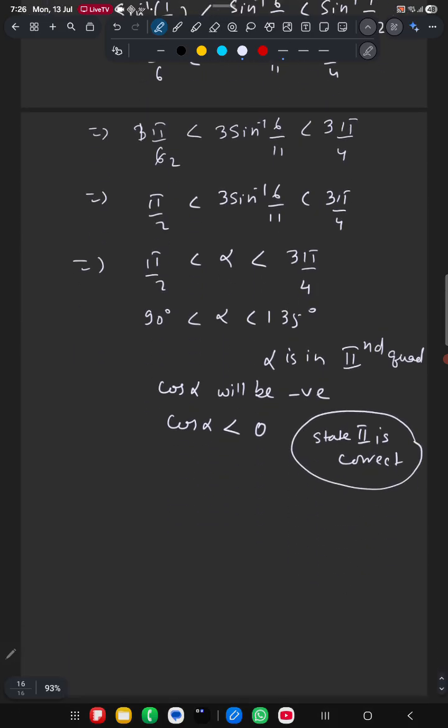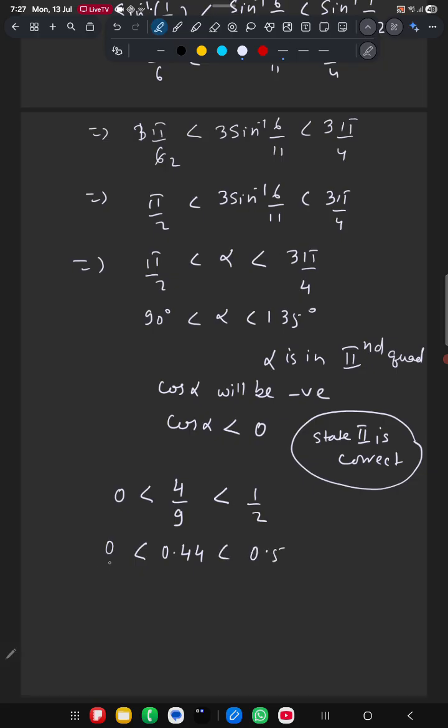Now come to the second point. One more thing given in your question is 4 by 9. Now 4 by 9 is greater than 0 and less than 1 by 2, for the same reason: this is 0, this is 0.44 and this is 0.5.